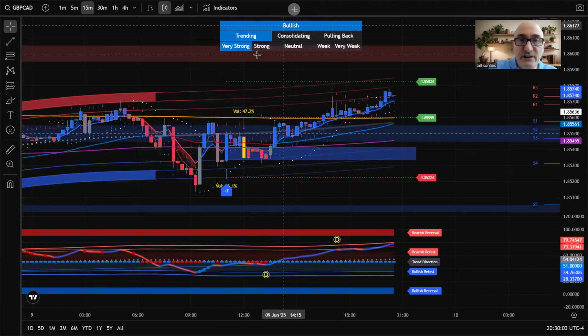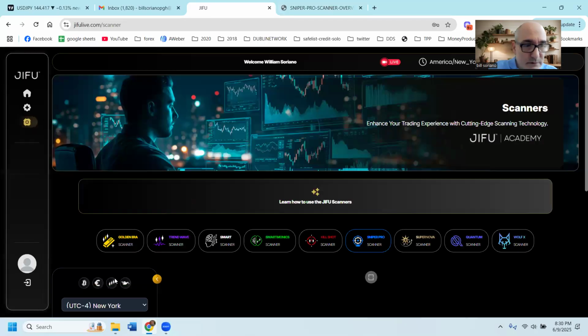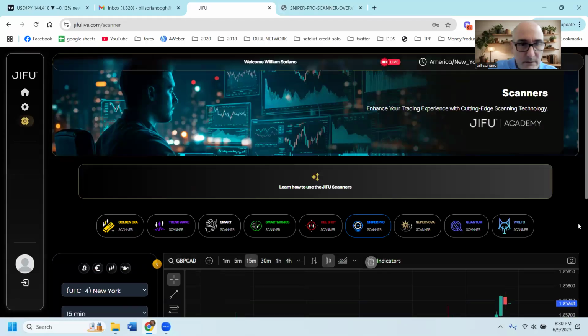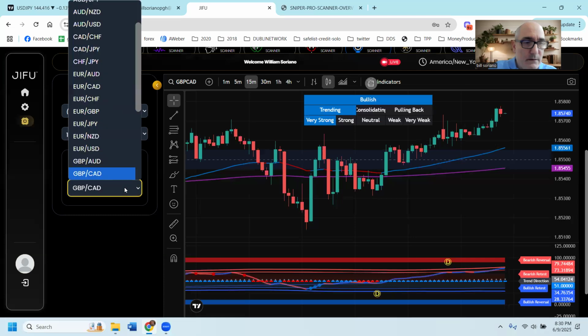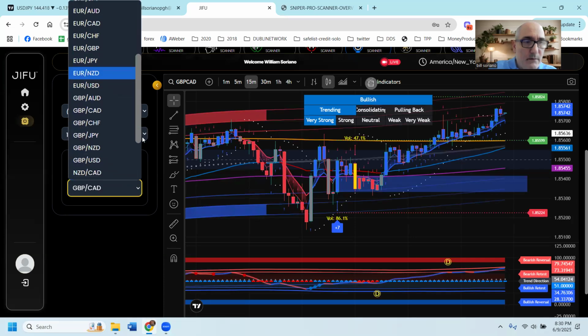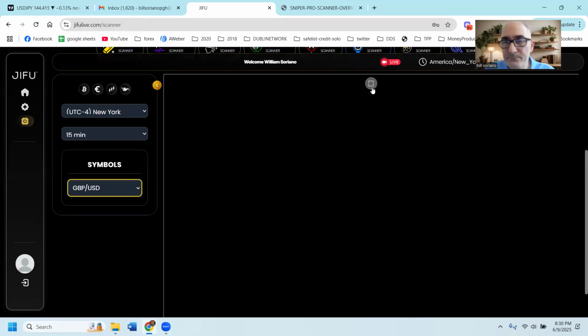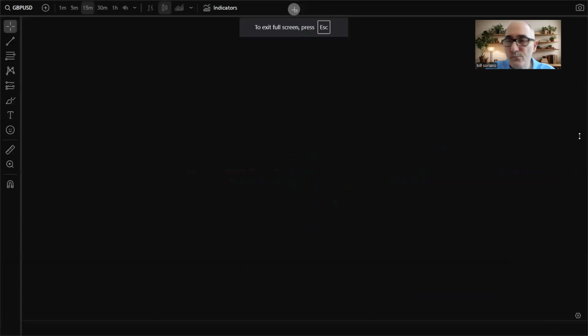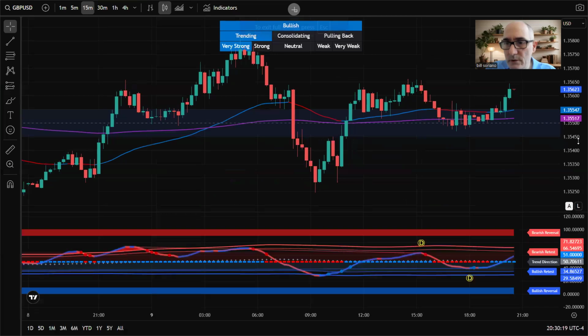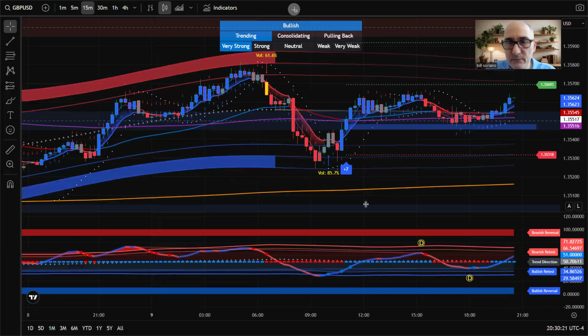Okay, let's go to GU, guys. A couple more to go over here. Okay, so GU here, we have a +7 scorecard candle. This is a blue candle with a blue super sniper arrow.